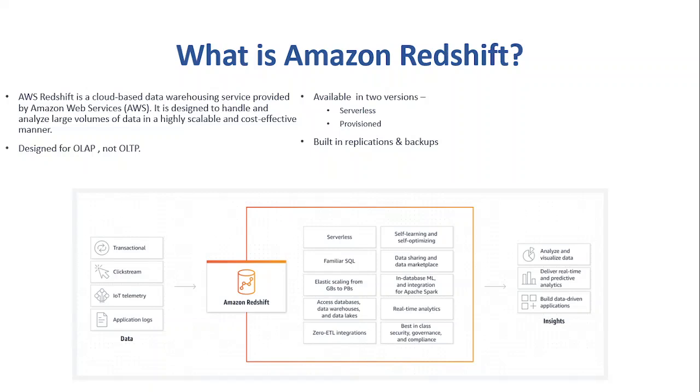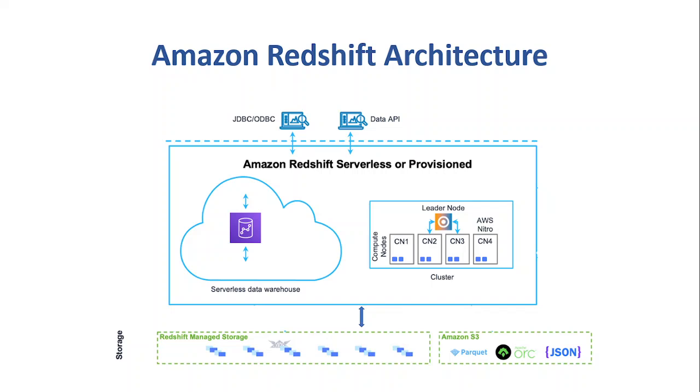Now next we will look into the Amazon Redshift architecture. On the screen we have a simplified diagram representing the architecture of Amazon Redshift. Redshift is basically a cluster, a collection of compute nodes and a leader node. As I mentioned, Redshift is available in serverless or provisioned. In serverless, we have literally no control.